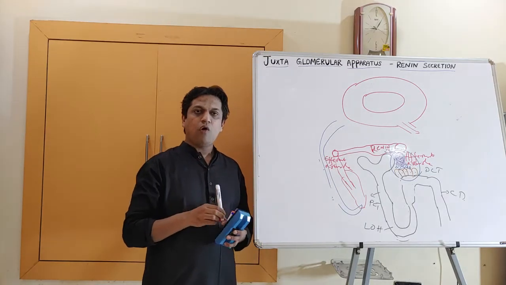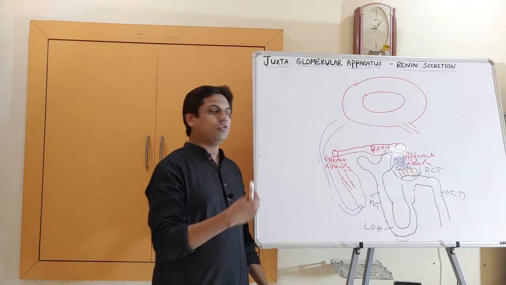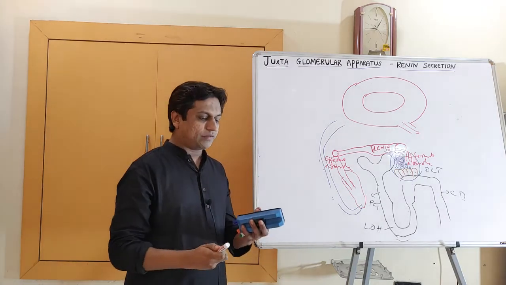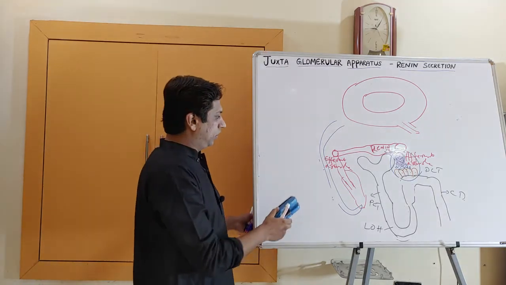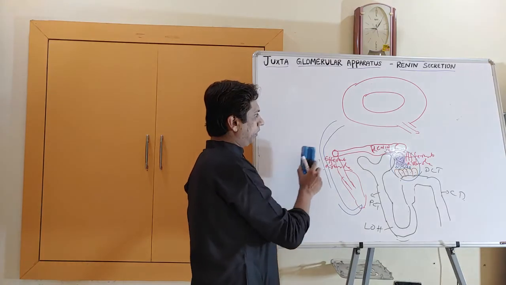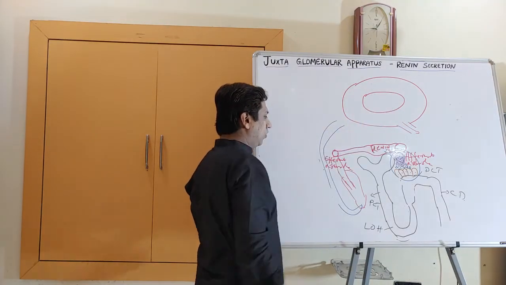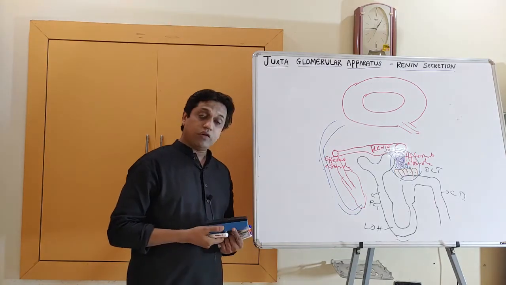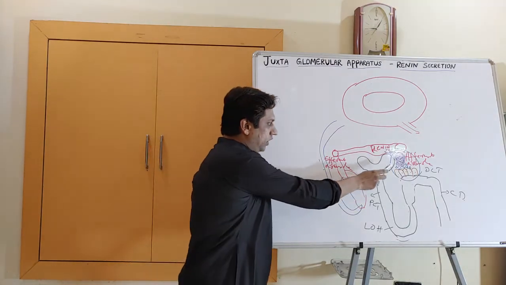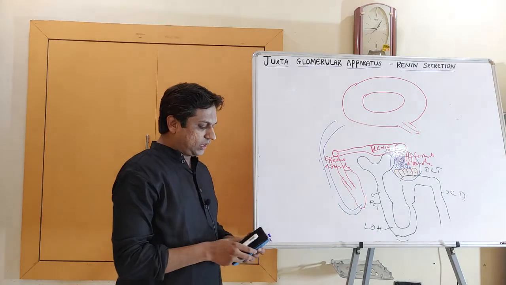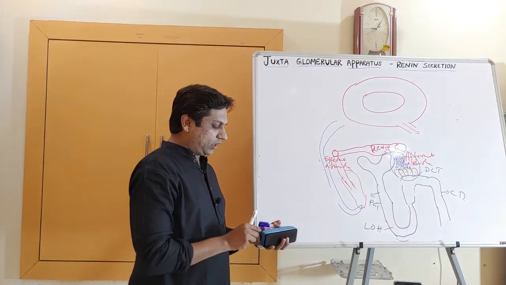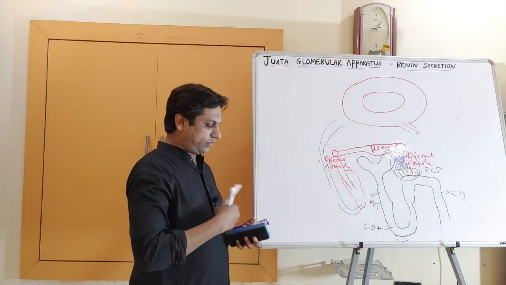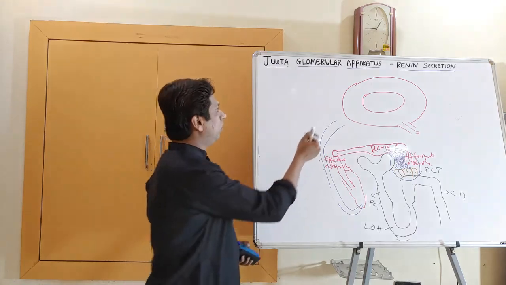Now let us discuss what exactly this renin angiotensin aldosterone axis is for controlling the blood pressure. Consider this as a circulatory system. For the regulation of blood pressure, there is a role of the kidney with renin, then other organs like the liver. A few organs participate in the control.